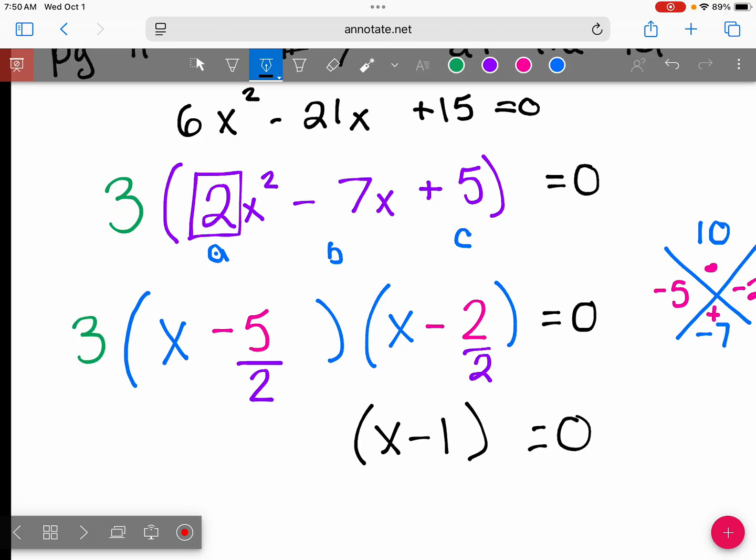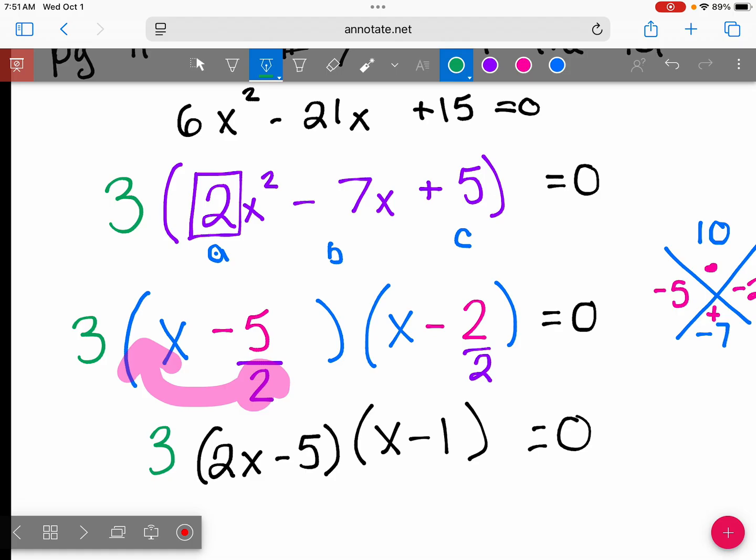It does not simplify, so any denominator that's left needs to go back up. This is where the bottom goes up. The reason this is called bottoms up is because I need to take this 2 that's left in our denominator that would not simplify, and it's going to go up there. So we're going to write this as our 2x minus 5. And then our obnoxious little line leader is still sitting out front.